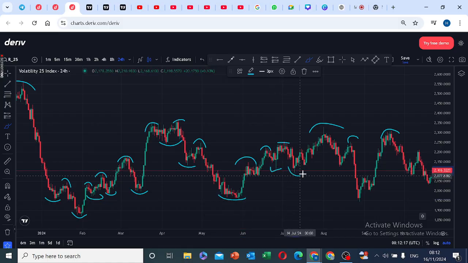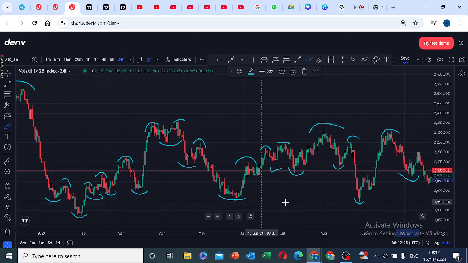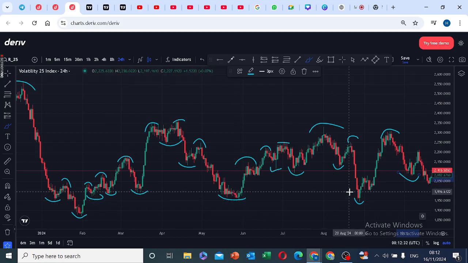Why? Because they have bullish and bearish candlesticks. This is a low. This is a low. So all those points at the bottom are basically called lows, where you have bearish and bullish candlesticks. You understand? Then the points you have at the top are called highs.